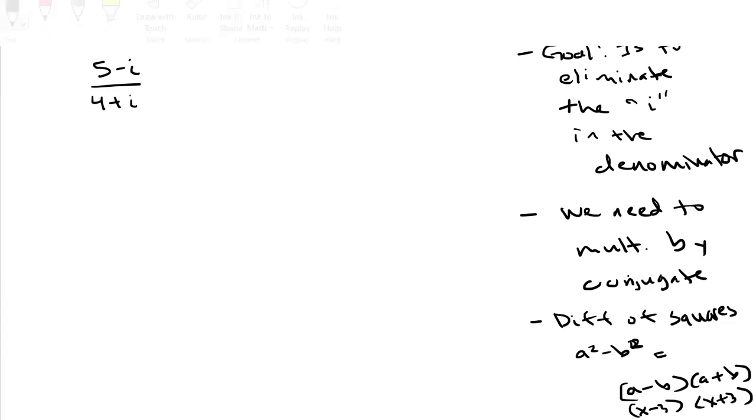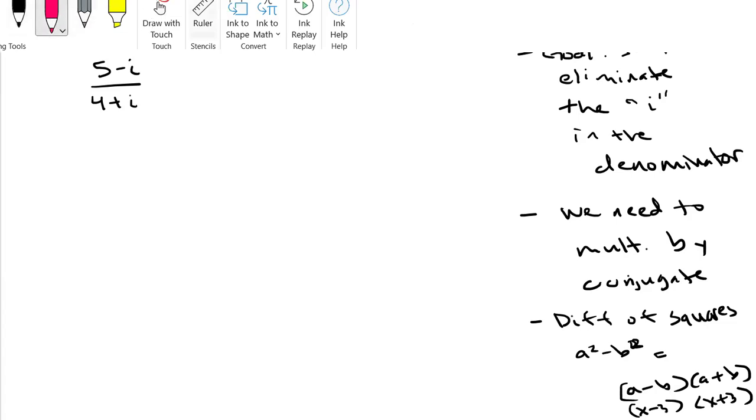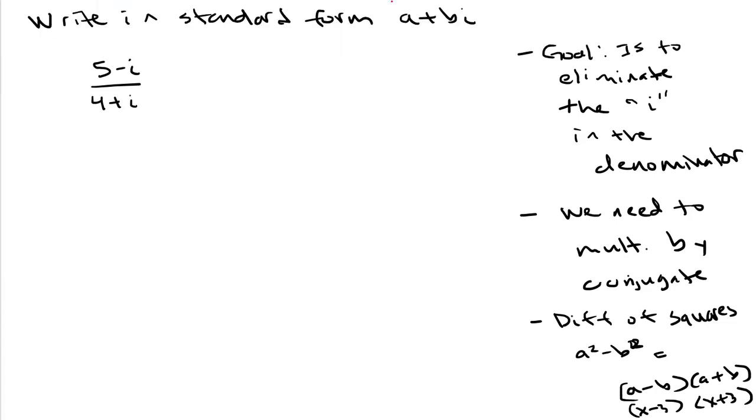So in this case, we focus on the denominator. We want to get rid of the i. So that means we need to multiply by the conjugate. The conjugate in this case is 4 minus i. Remember that. So we have 4 minus i in the denominator, and whatever we do on the bottom, we must also do on the top.